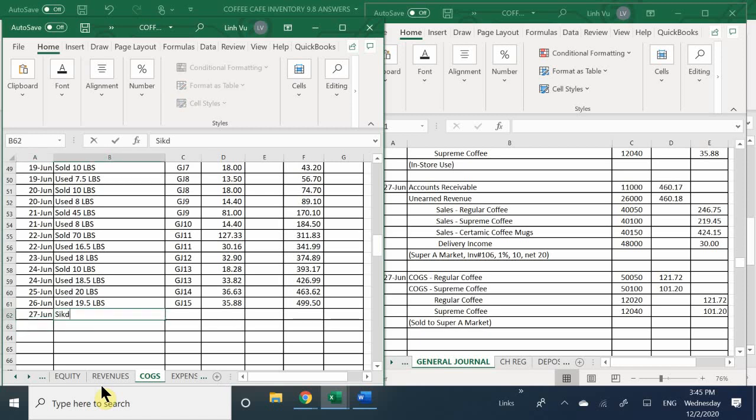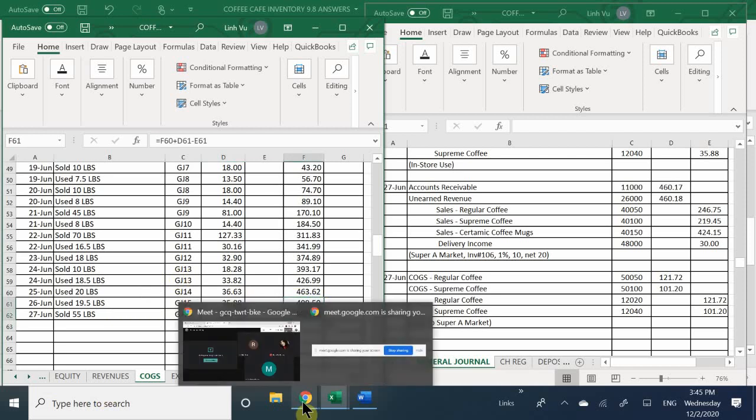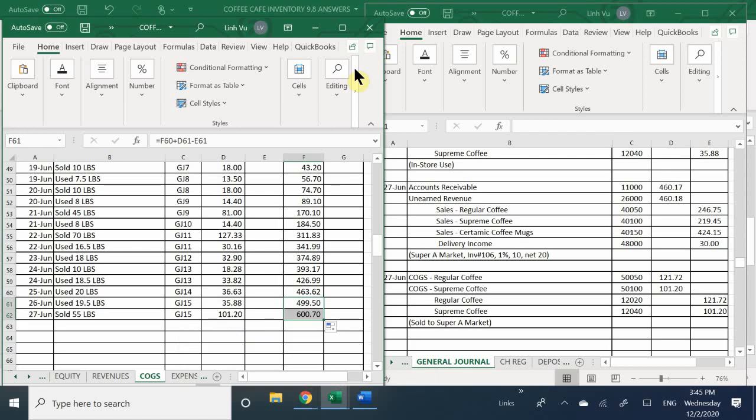We sold 55. General Journal 15. So 101.20, and that brings that to $693.85.